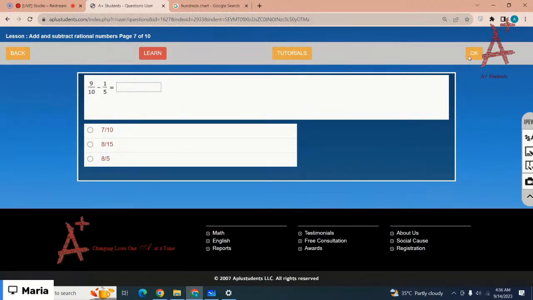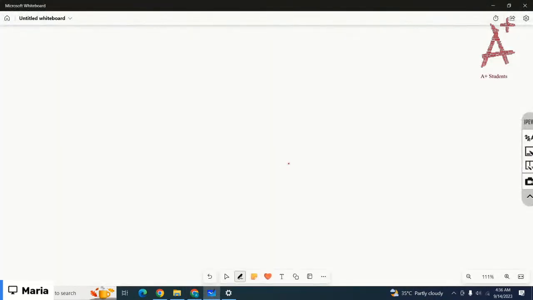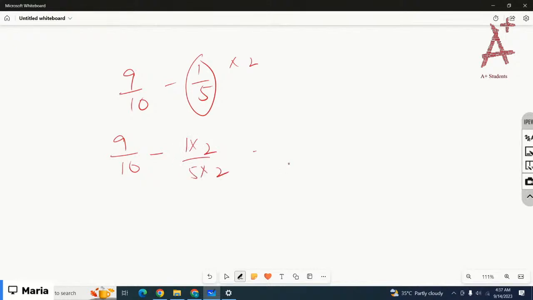Okay, 9 by 10 minus 1 over 5. Okay, let's just do it on board. 9 by 10 minus 1 over 5. So 5 times 2 makes 10. You have to multiply this fraction by 2, right? 1 times 2 and 5 times 2.